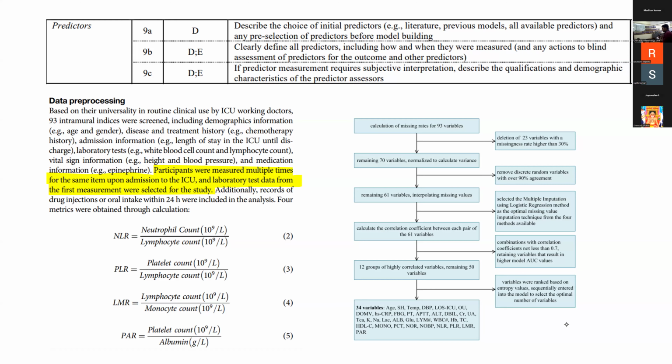They also calculated 4 other variables: NLR, neutrophil lymphocyte ratio, platelet ratio, lymphocyte monocyte ratio, and platelet albumin ratio. So all these were the initial predictors, and they had pre-processing also. They also mentioned that these values were measured multiple times and documented in their records, and they took the first measurement for these variables to be selected.